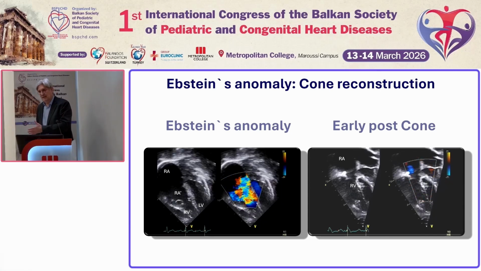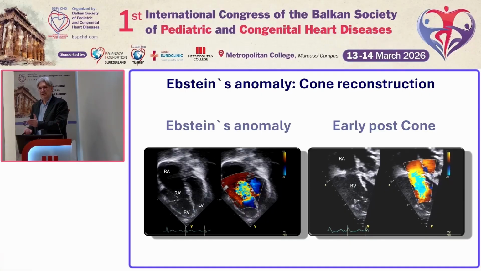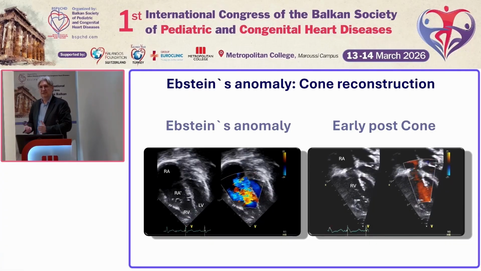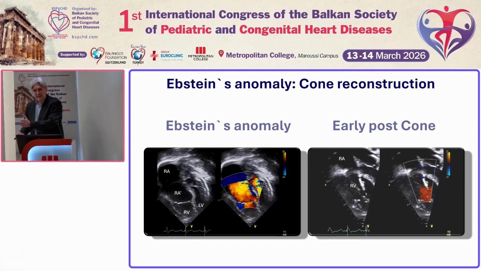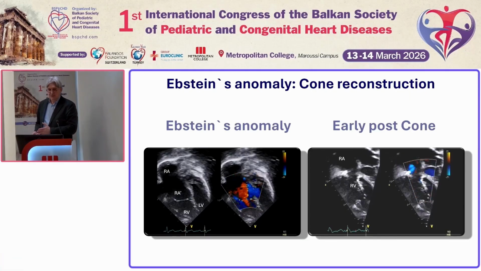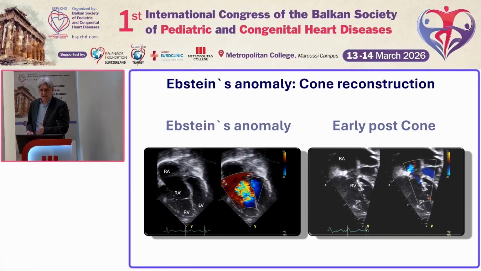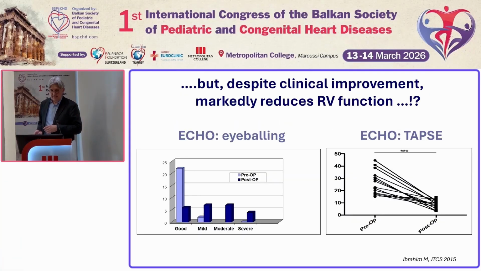But interestingly, because you eliminate tricuspid regurgitation, even if the right ventricle function is impaired, you still move the blood forward. So you still fill the left ventricle. This is why they perform better, because even the small energy in the right ventricle myocardium is very often enough to generate a good cardiac output.